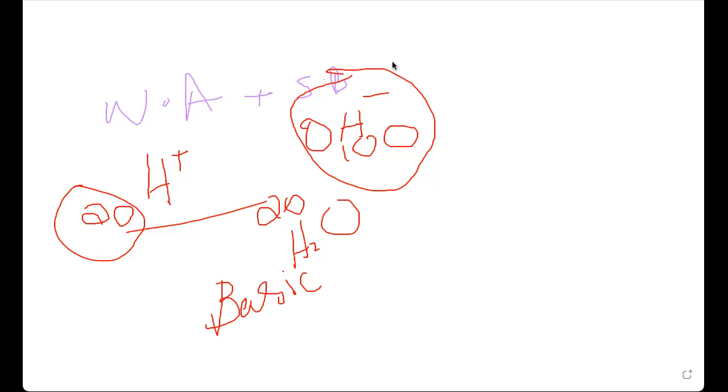Like in weak acid, we have ethanoic acid, means all the organic acids, or you can say the easiest one, HCN, hydrogen cyanide. HCN is the weak acid which we are not using in our chemistry, but you should know the example. Weak acid is hydrogen cyanide.